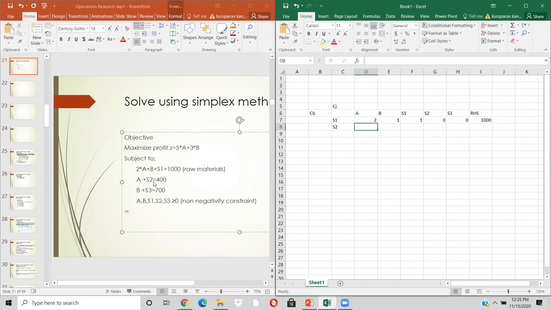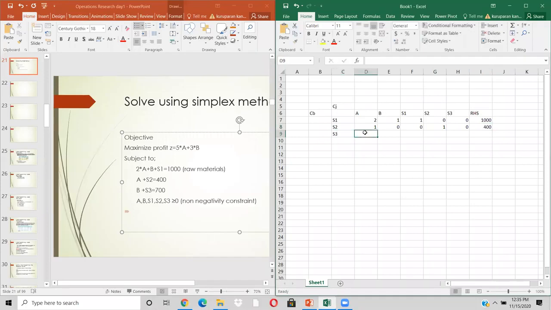The second constraint is A plus S2 equal to 400. How many A's are there? 1. How many B's? 0. How many S1s? 0. How many S2s? 1. How many S3s? 0. What is RHS? 400. Similarly, in the next constraint S3 will be basic.